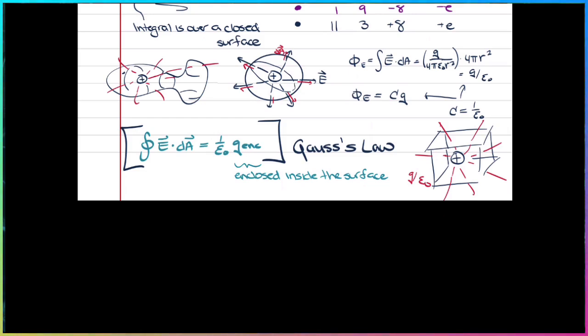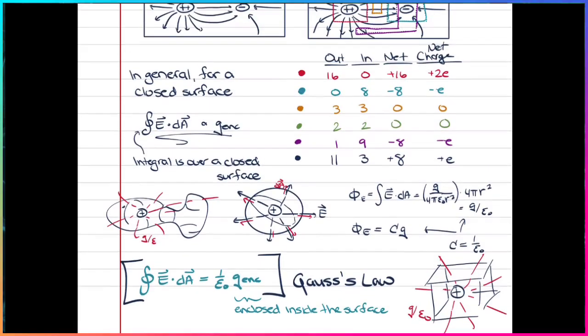I would say the net flux through that surface is Q over epsilon naught, because in every single case, the surface encloses a single Q, and by Gauss's law, the flux through all of these must be equal to Q over epsilon naught.